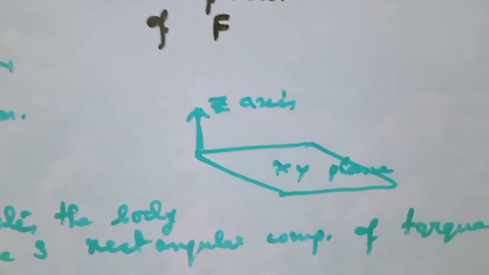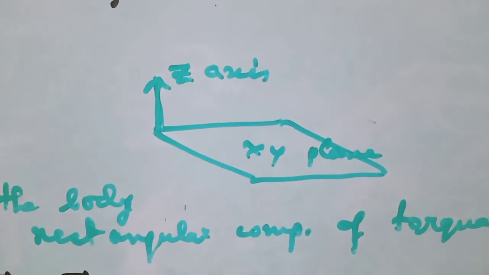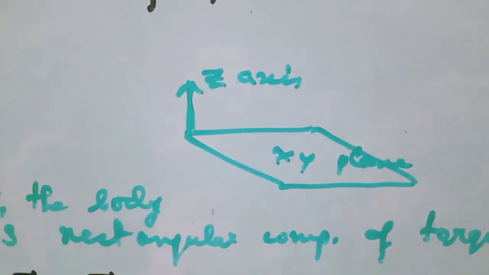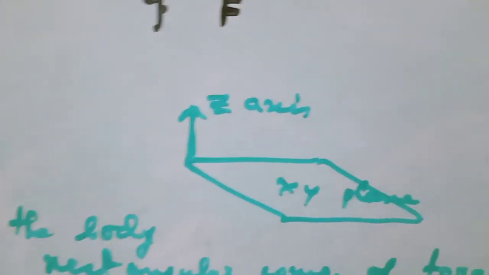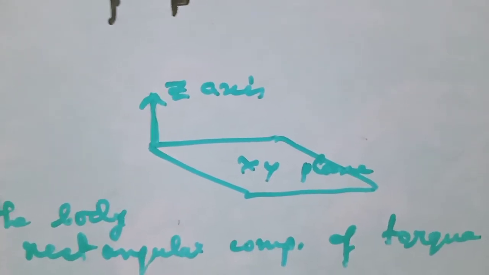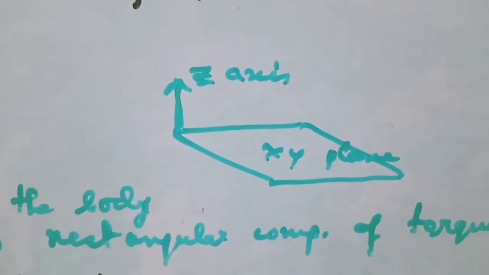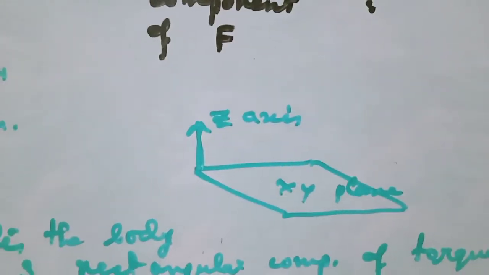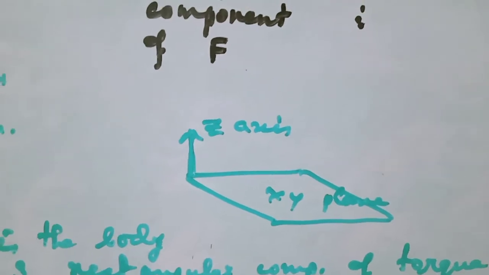See, if this is the xy plane, and the force and the perpendicular distance from the axis of rotation, both force and R, lie on the xy plane, then torque will act along the z axis, either in the upward direction or in the downward direction. See the orientation of the vectors R and F as seen here.